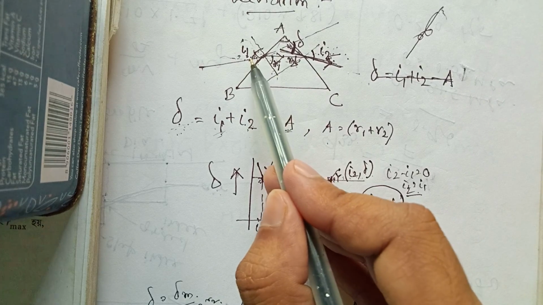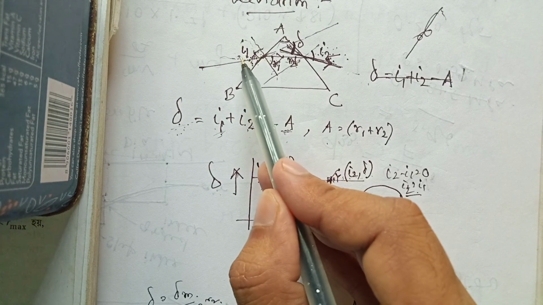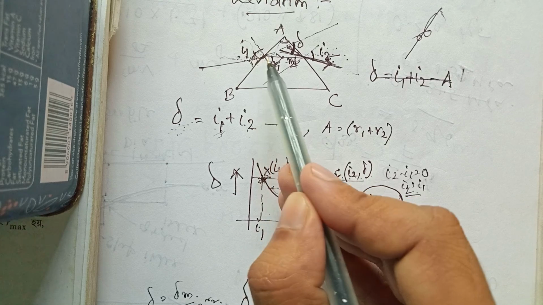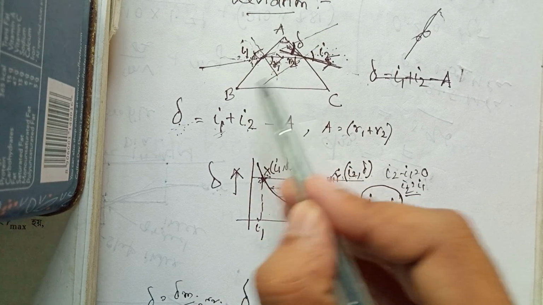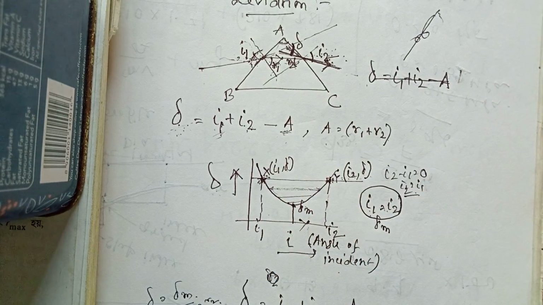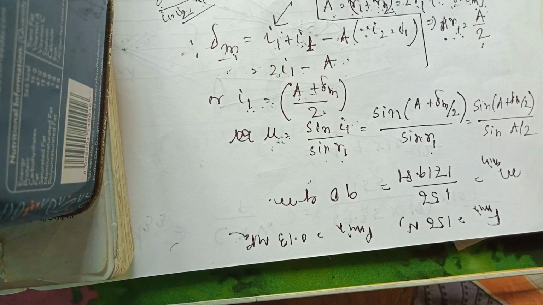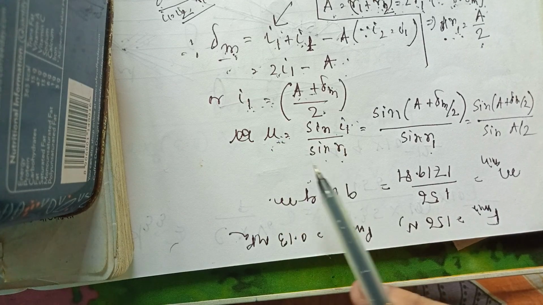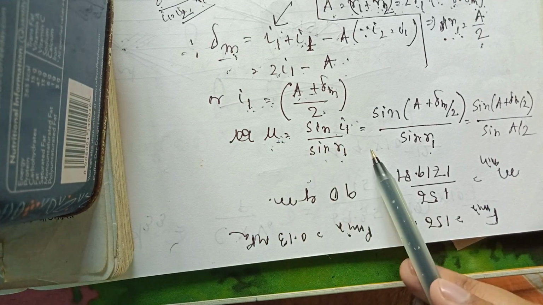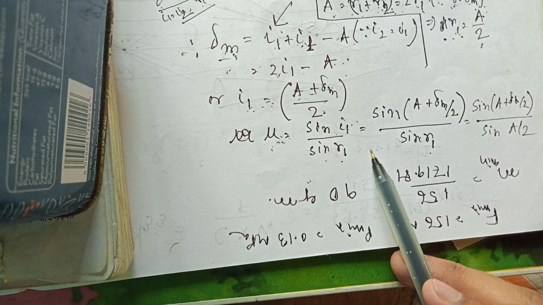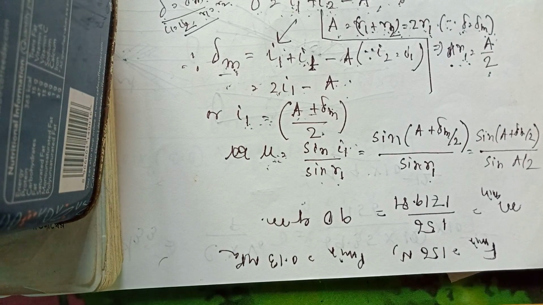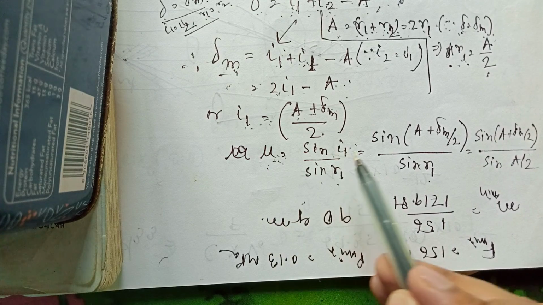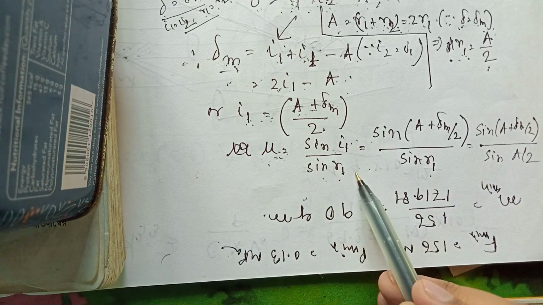So from Snell's law I can write sin I1 by sin R1 equal to mu. So I have written mu equal to sin I1 by sin R1. Again I am saying, from Snell's law, mu equal to sin I1 by sin R1.